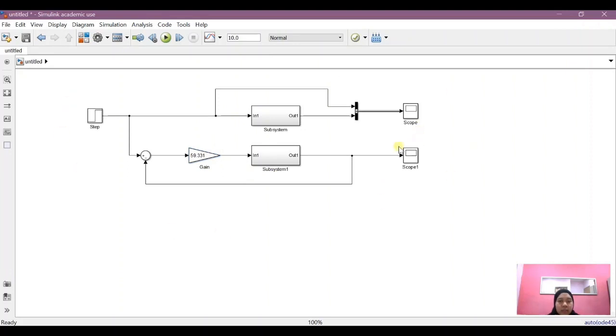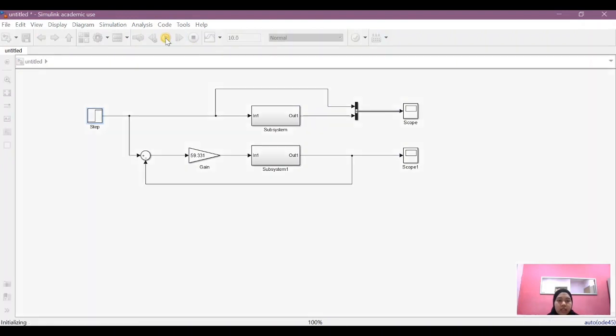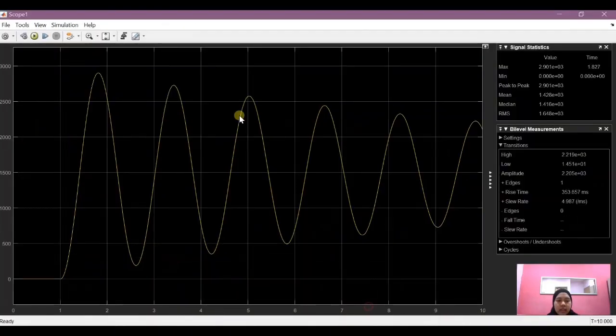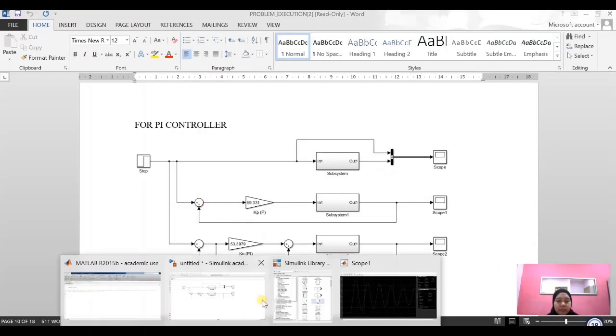This is our block diagram of the P controller. So this is the value of the Kp, and the step we fill in the value is 1500. Okay, so we run this simulation and then we will get this graph. So next we will construct the PI controller.